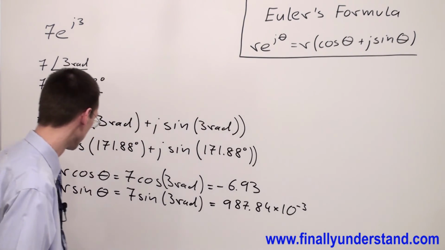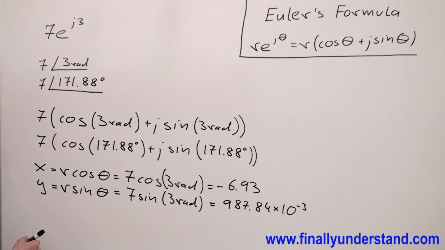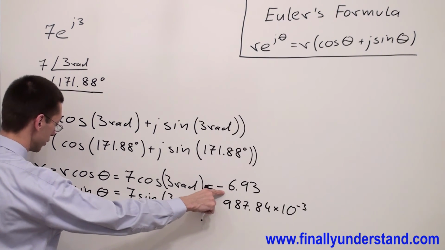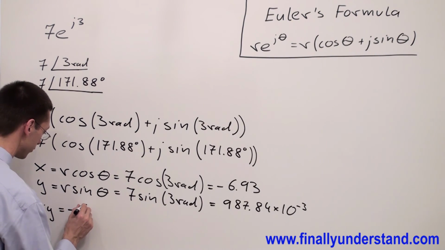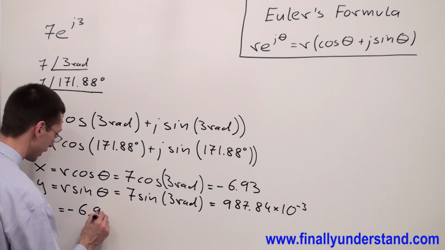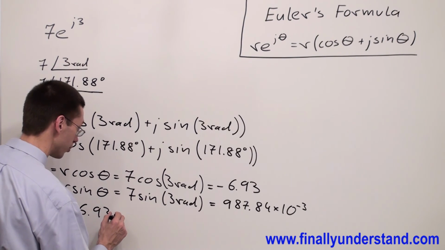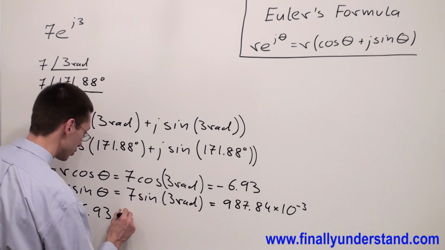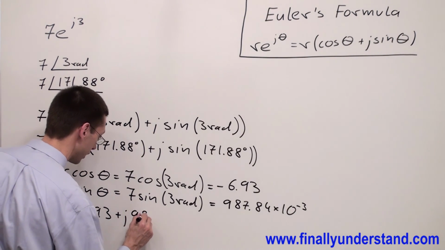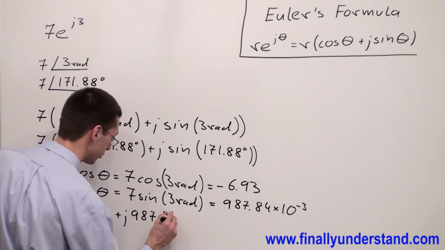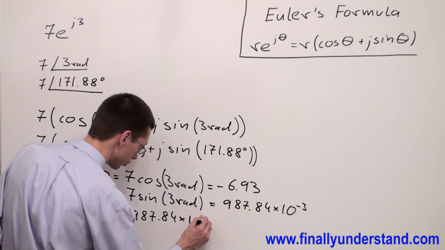So if you want to write the complex number in rectangular form, you simply write x plus jy is equal to my real part, negative 6.93, plus j times my imaginary part, 987.84 times 10 to the negative 3.